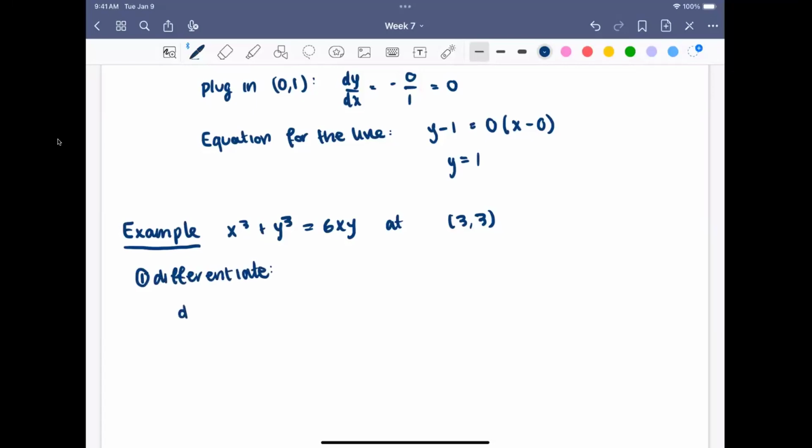Okay, so first we'll differentiate both sides of the equation. We get d/dx of x cubed plus y cubed is equal to d/dx of 6xy. What do I get on the left-hand side? Yeah.